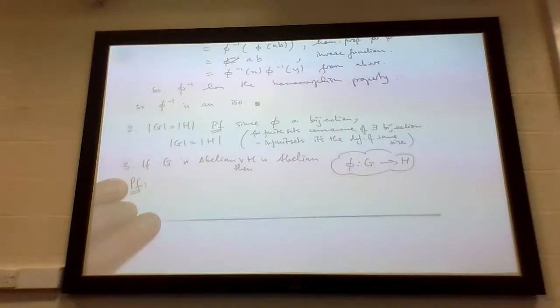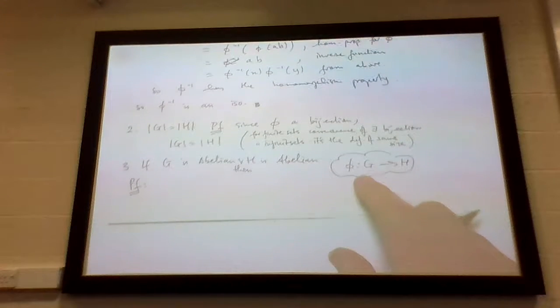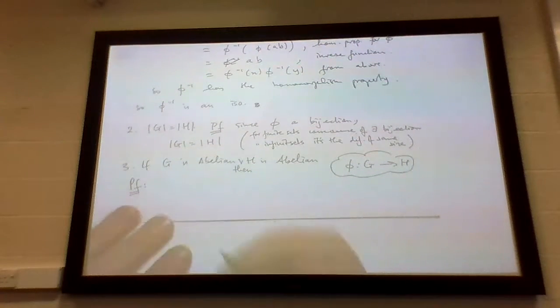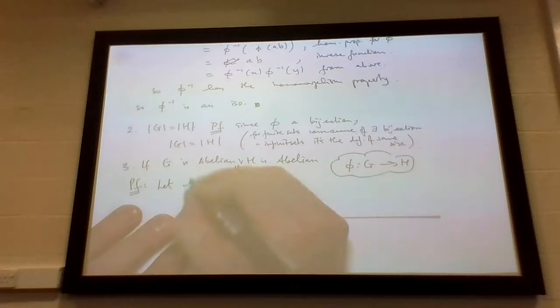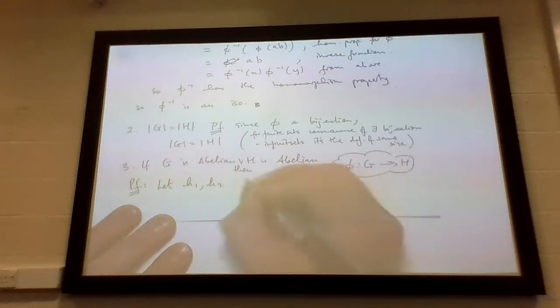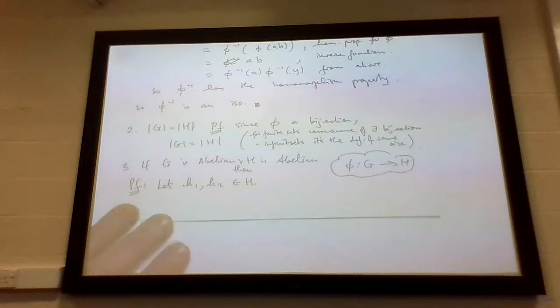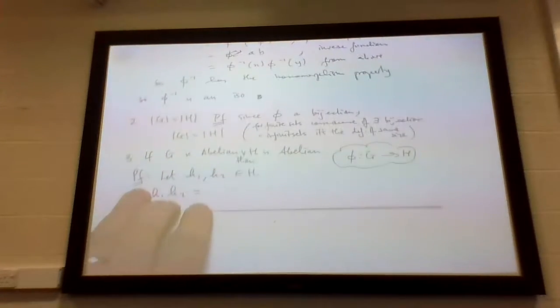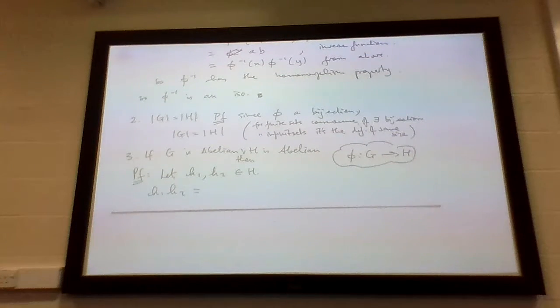As I said at the very top of the page, there is an isomorphism phi from G to H. So we just drive forward and prove that H is abelian. So we let H1 and H2 be in H. H1 times H2, this product, we're going to develop this until we see H2 times H1. That will prove it.